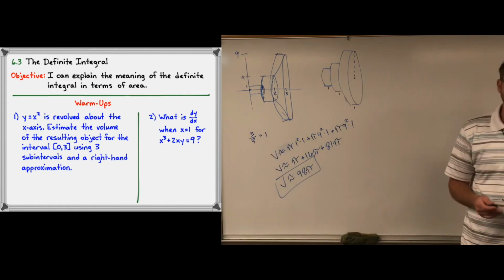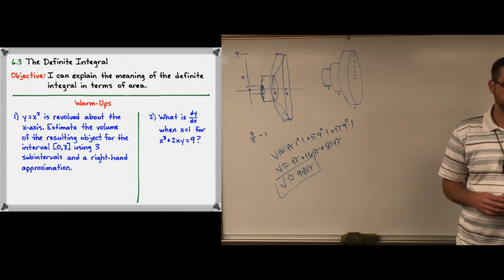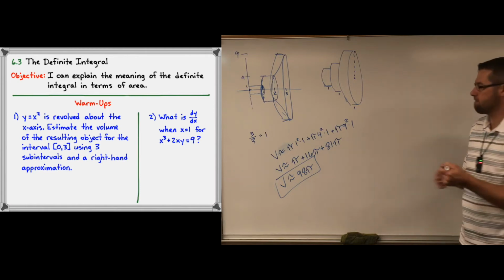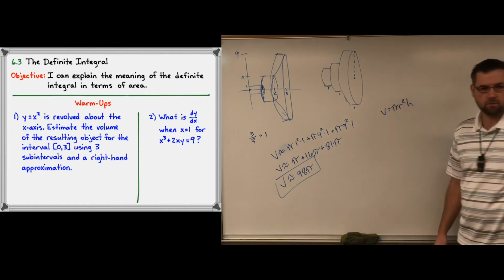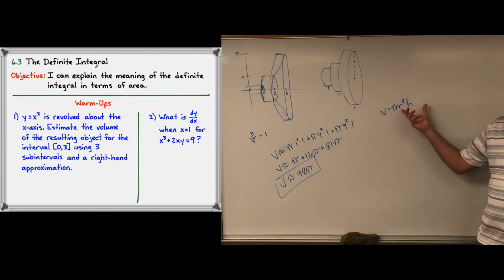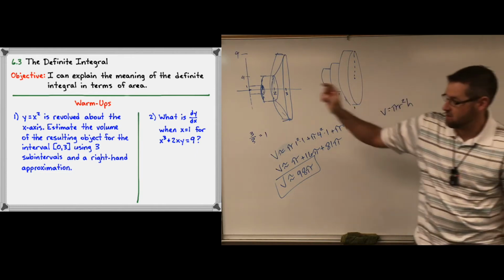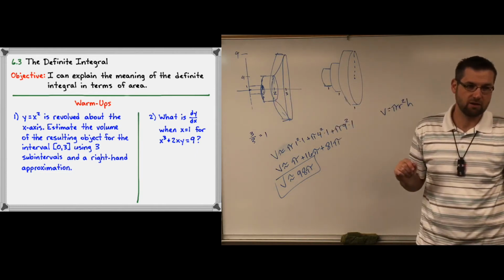Are you okay with that? So the volume of the cylinder is pi r squared h, right? The radius is determined by the equation y equals x squared.